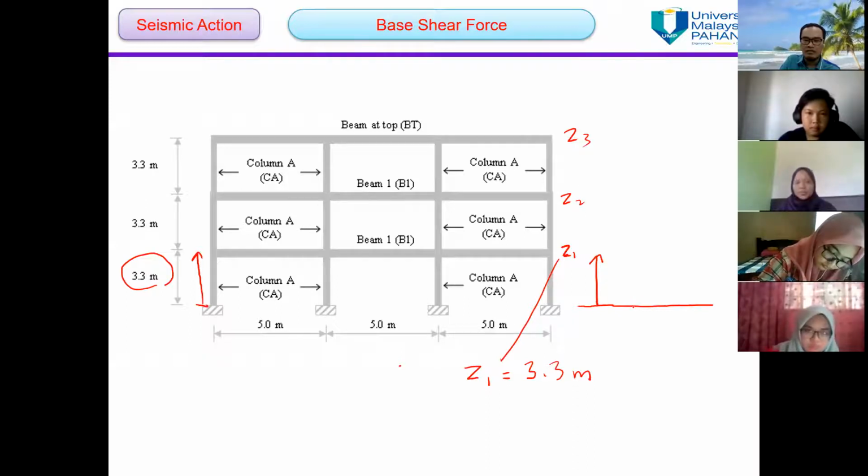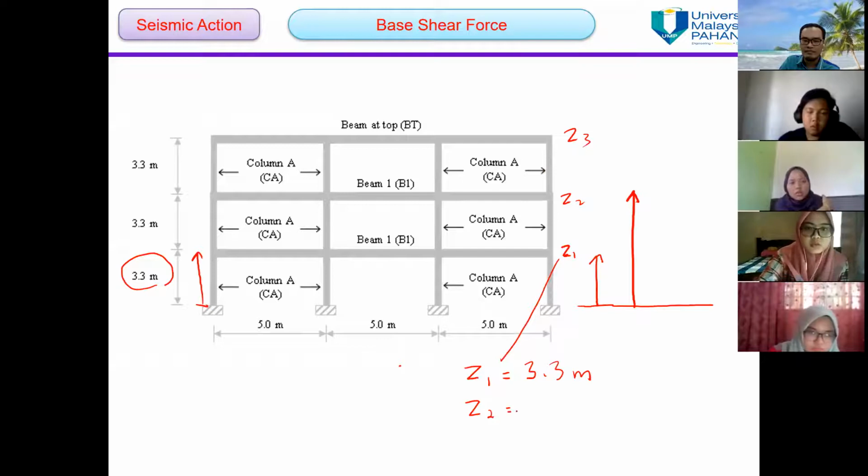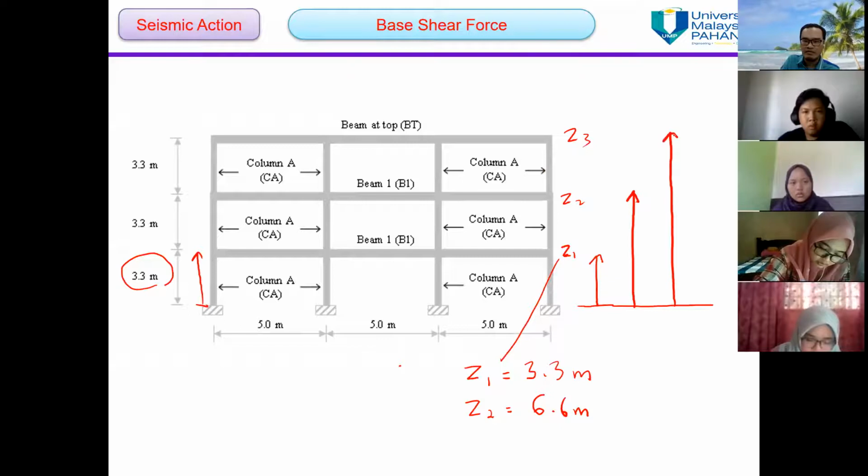Z2 is from the rigid basement up to here. So what is Z2 now? 6.6, good. And Z3 is from the rigid basement to the top. It's cumulative, okay? What's the value? 9.9.